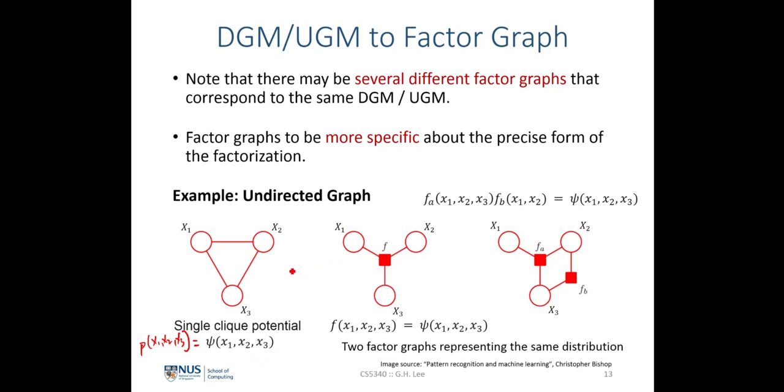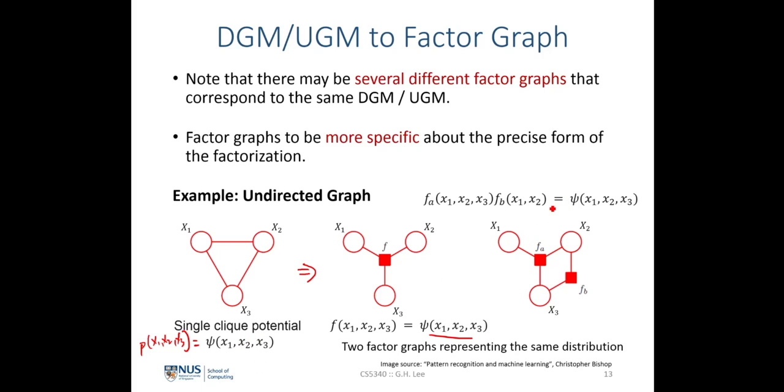This undirected graphical model can be converted into a factor graph by simply lumping all the random variables into a single factor, where x1, x2, and x3 would be assigned the clique potential of x1, x2, and x3 given by the undirected graph.